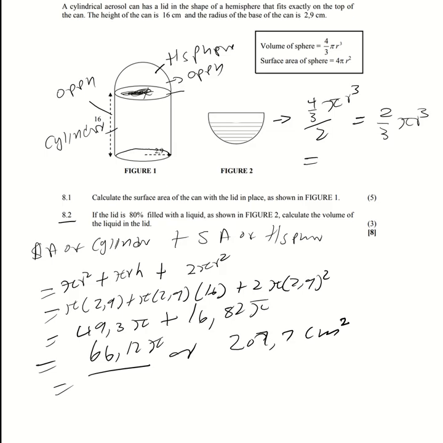So now we just say this is 2/3 pi, the radius is 2.9 cubed, times 80 over 100, because we need the 80% full.